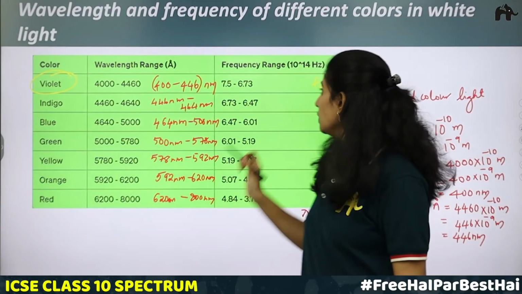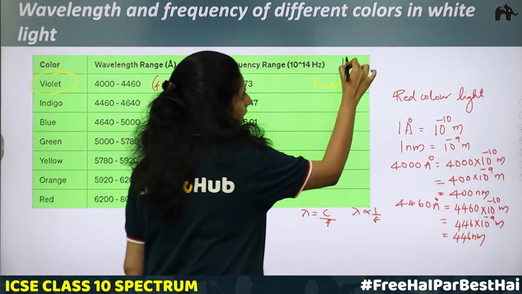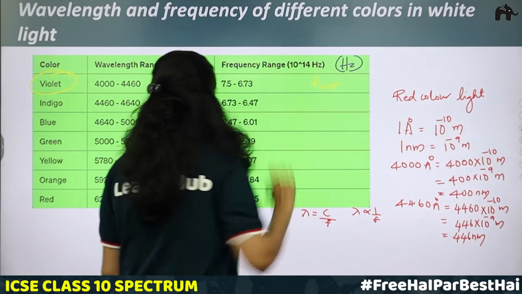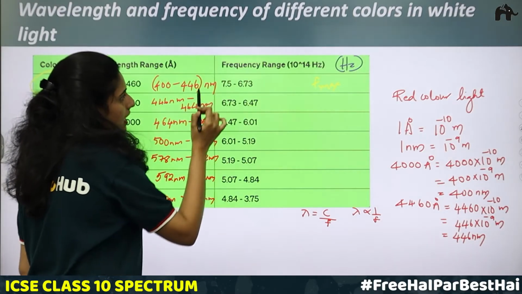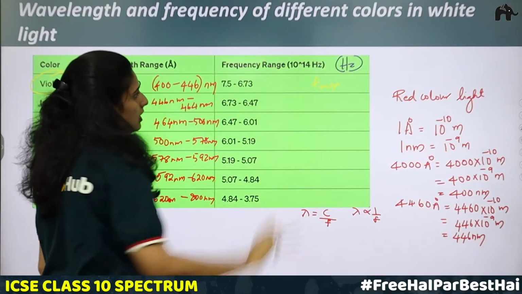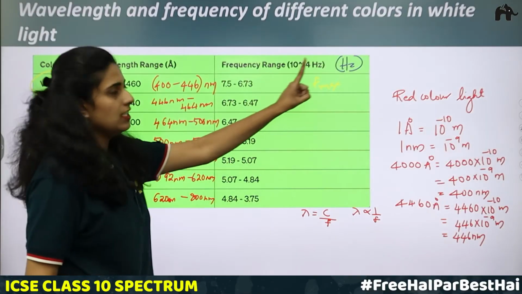The unit of frequency is hertz, which we represent as Hz. The frequency of violet light ranges from 7.5 into 10 raised to 14 hertz to 6.73 into 10 raised to 14 hertz.